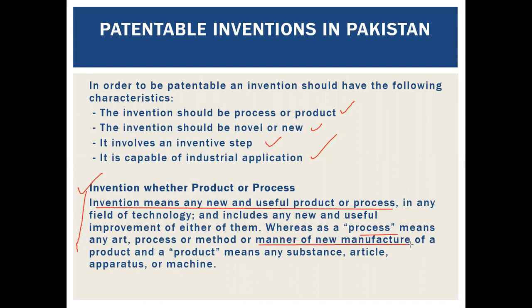That's the procedure of a product. And a product means any substantial article, apparatus or machine. When we launch and make this product, we adopt some processes, and that will be the process. Okay, invention, whether a product or a process.